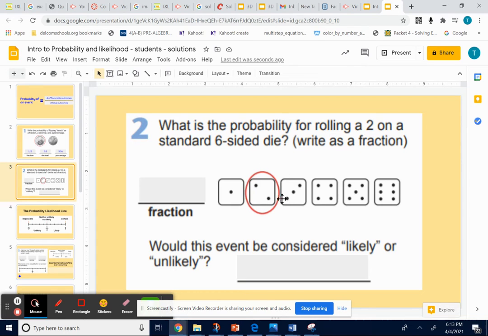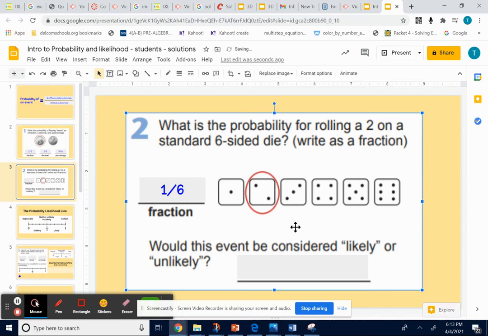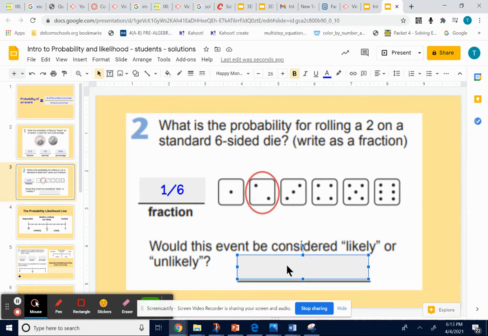But there's only one favorable. There's only one die that's rolling a 2. 1 out of 6 chance. Now, would this be considered a likely or unlikely event? It would be unlikely. I mean, it's possible, but chances are you're not going to roll a 2.